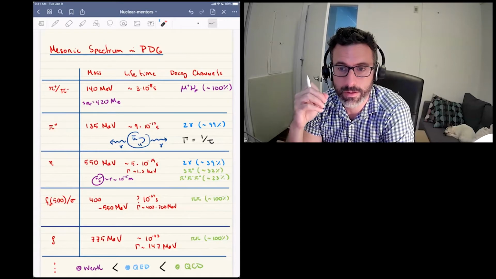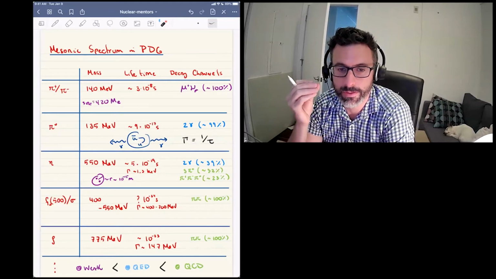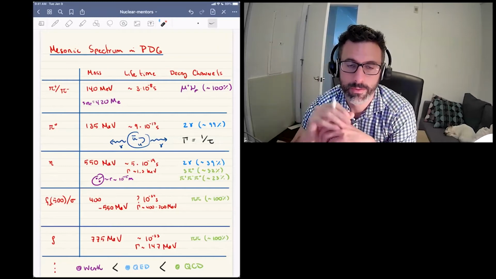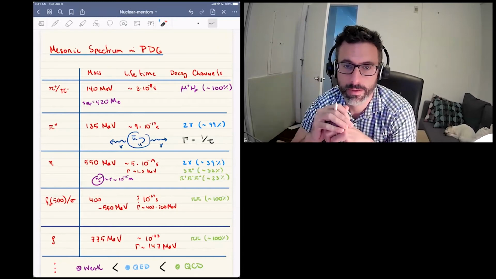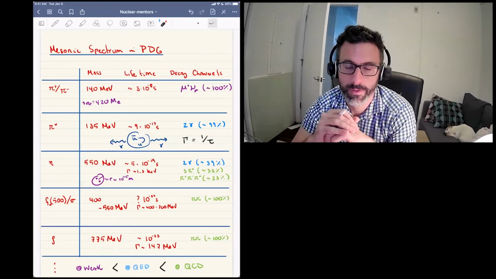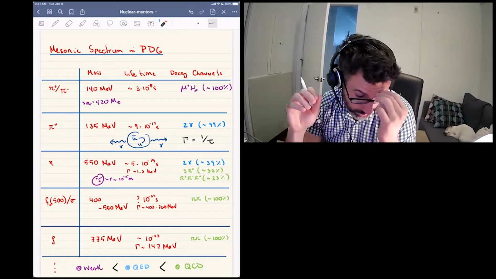The pi zero is closely related to the pi plus and pi minus. In fact, its relationship is very similar to that between the proton and the neutron. The proton and the neutron have masses very close to each other. The proton is positively charged, the neutron is neutral.